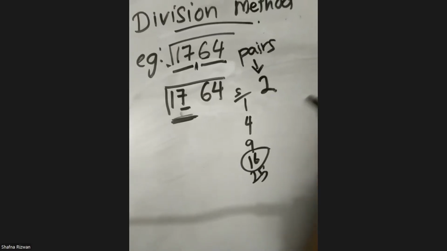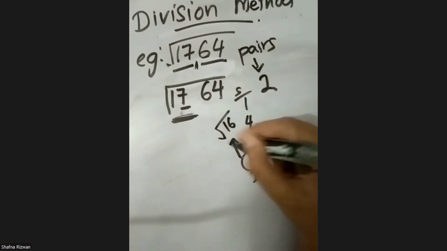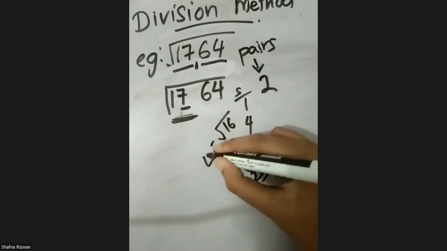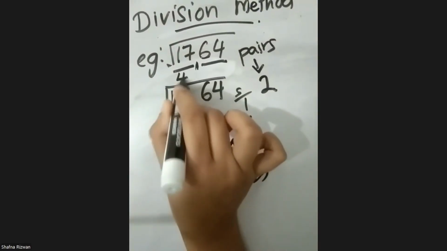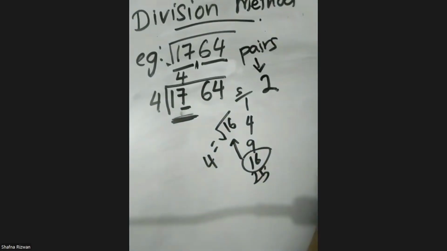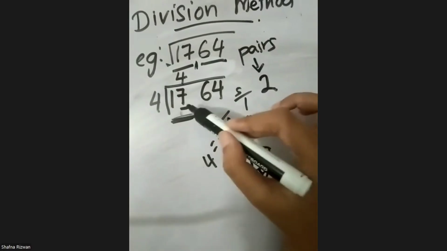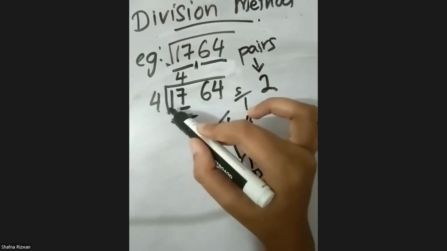Now tell me the square root of 16. The square root of 16 is 4. Then you have to write that 4 on top and also here. Did you understand? When you don't have any last digit where you can find it by multiplying, then you have to see the closest square towards it.